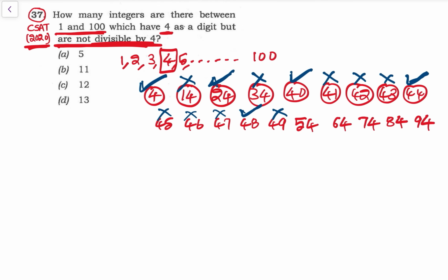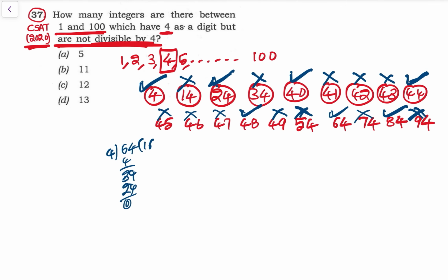Then 54 is not divisible. 64, 4 ones are 4, 2 fours are 8, 6 fours are 24, remainder 0, so divisible. 74 is not divisible because the remainder would be 2. 84 yes, divisible. 94 is not divisible.